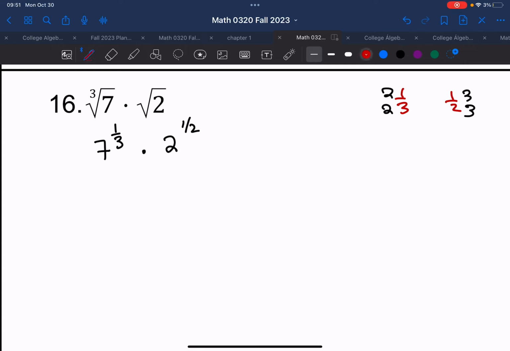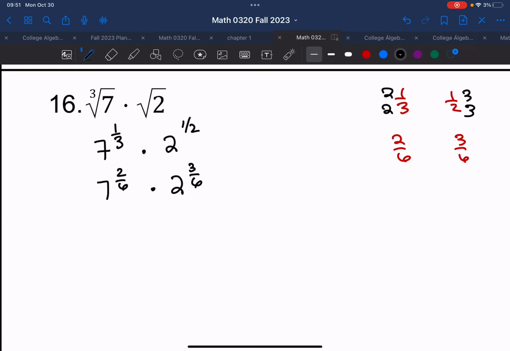So that means I have 2/6 and 3/6. So this is now becoming 7 to the 2/6 times 2 to the 3/6, because I still needed that common denominator for the indexes, because I need the indexes to be the same. Okay.